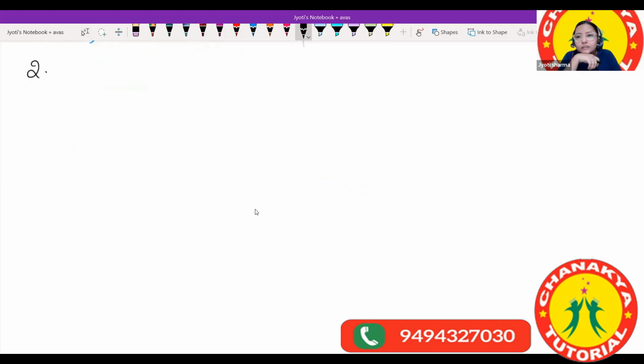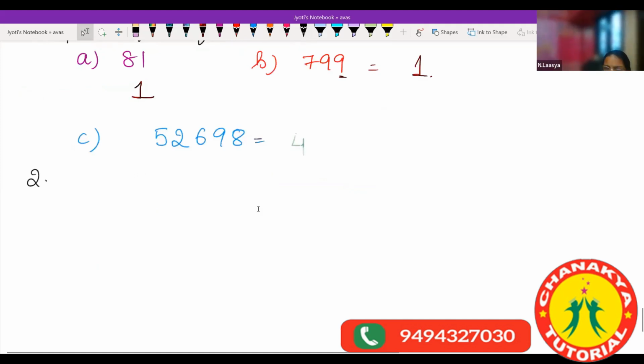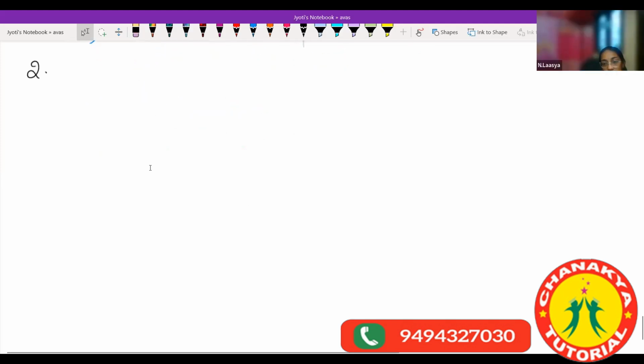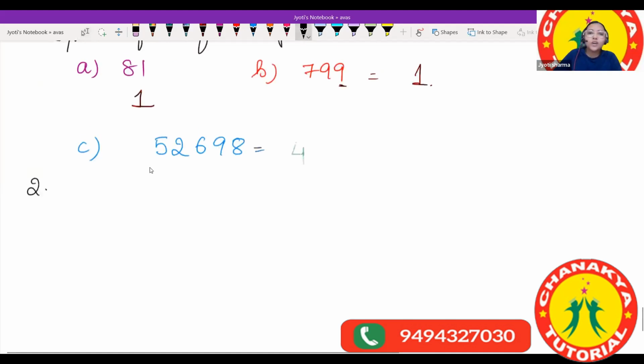Ma'am, to get this type of answer, we need to multiply with the same number? Is it like that? That is the meaning of the square, Lasya. The meaning of the square is a number multiplied by itself. What is the meaning of 52,698 square?